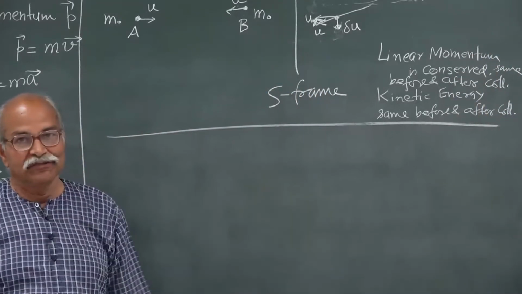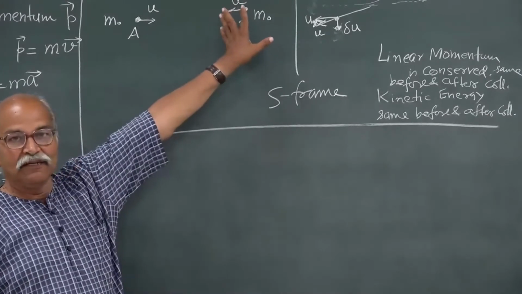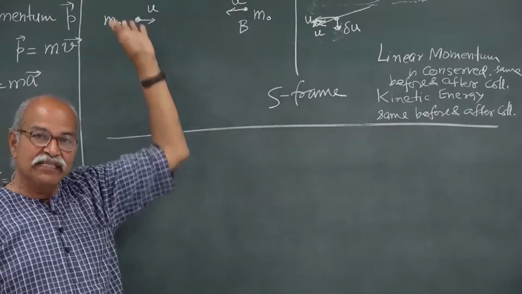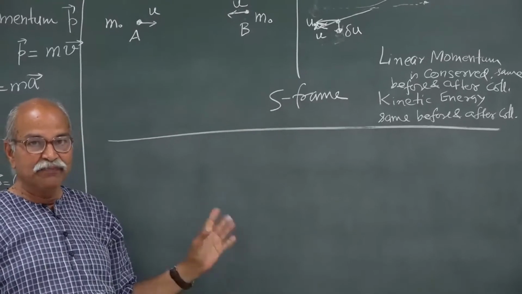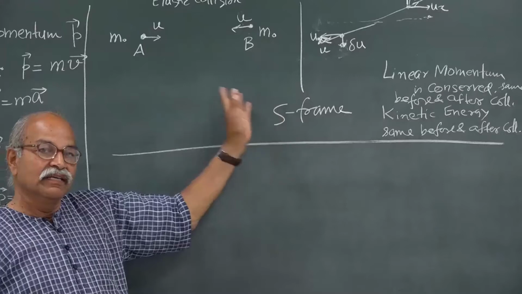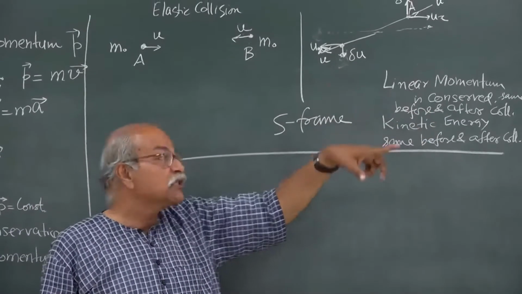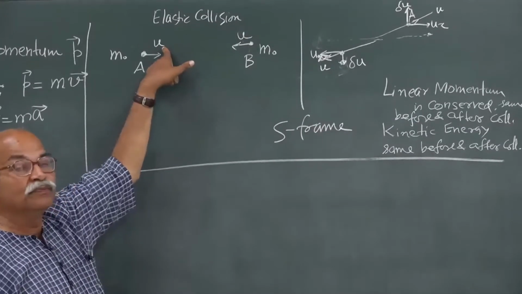Very nice. Now, look at this whole phenomenon from the frame S prime, and S prime will be moving with respect to this S frame in the positive x direction, with a speed, let us say u.